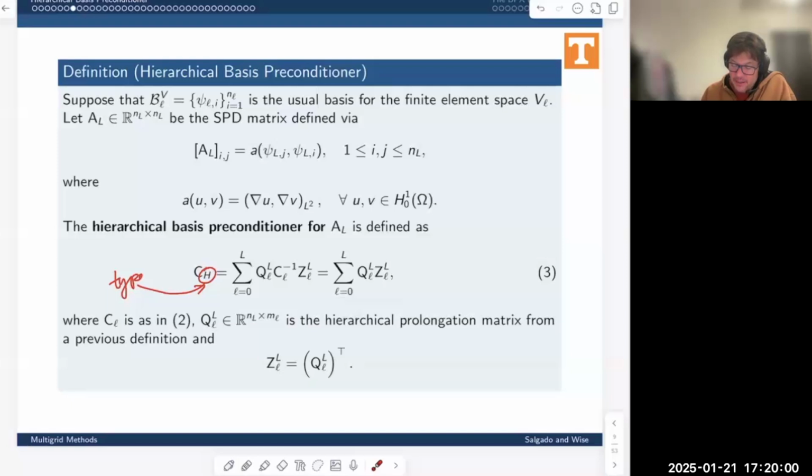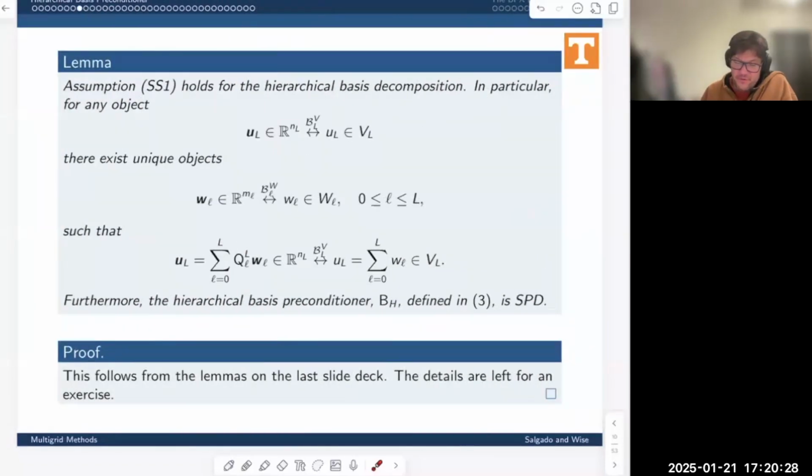Well, I'm going to multiply this times the stiffness matrix AL, and I'm going to show that when I do this, I get a condition number which is not very large, which is another way of saying that the ratio of the maximum eigenvalue to the minimum eigenvalue is very nearly 1. So that's what I aim to show in the next few slides.